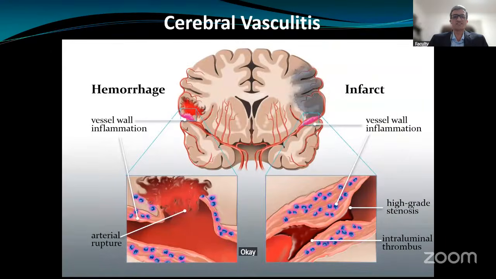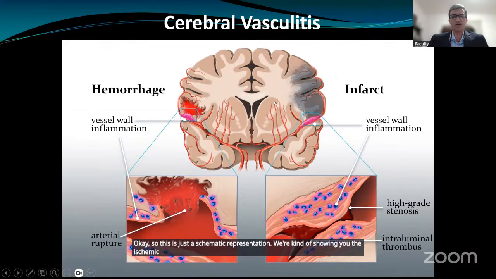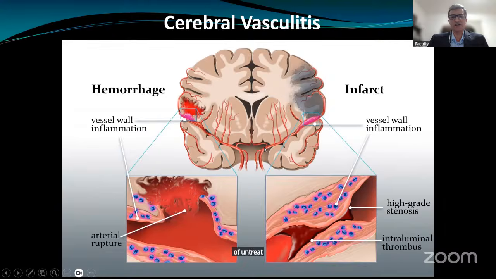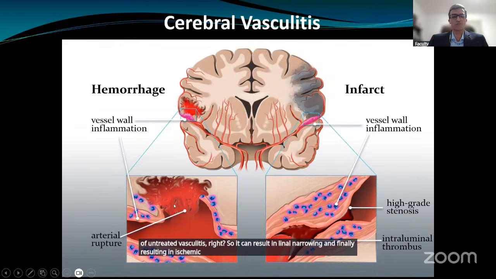Okay. So this is just a schematic representation showing you the ischemic sequelae or the hemorrhagic sequelae of untreated vasculitis, right? So it can result in luminal narrowing and finally ischemic strokes, or the vessel wall might weaken and rupture, resulting in pseudoaneurysms or intracranial hemorrhage.